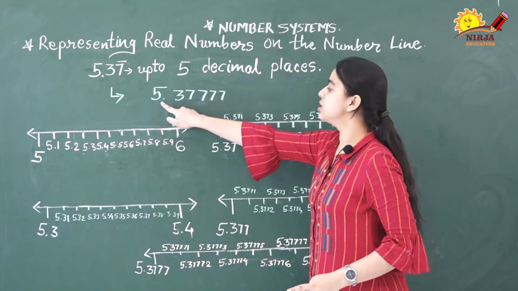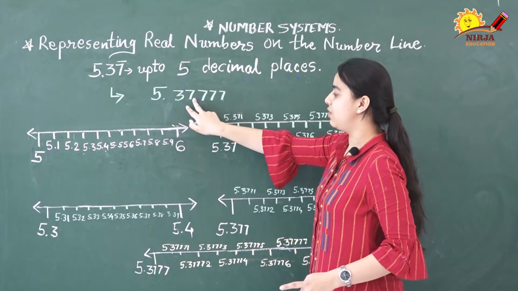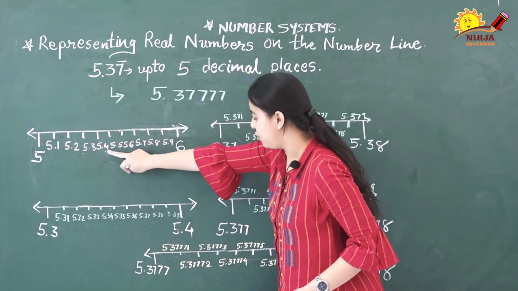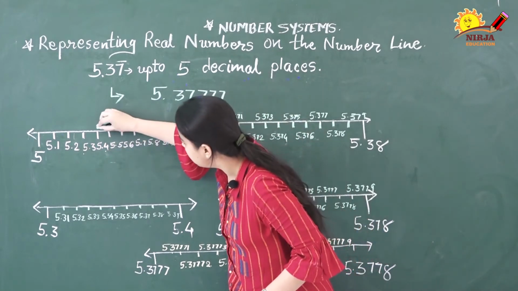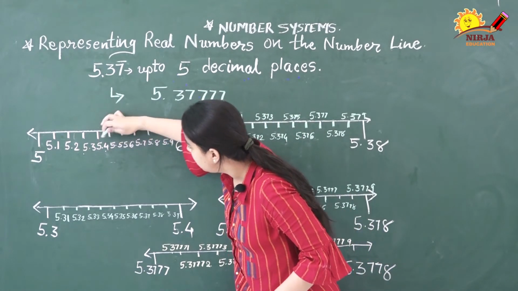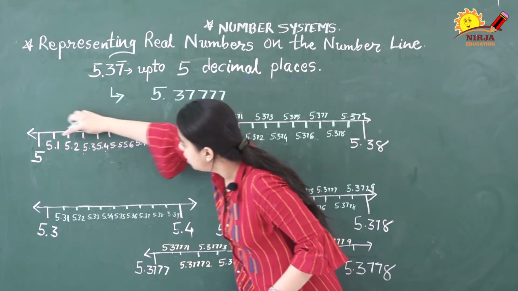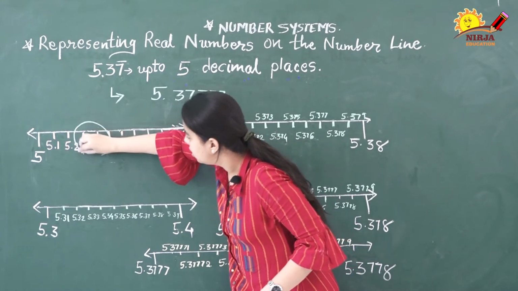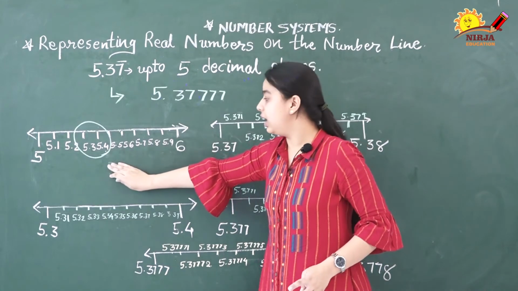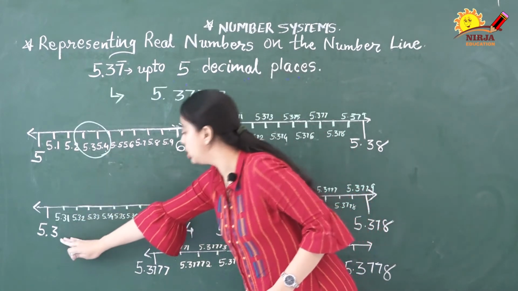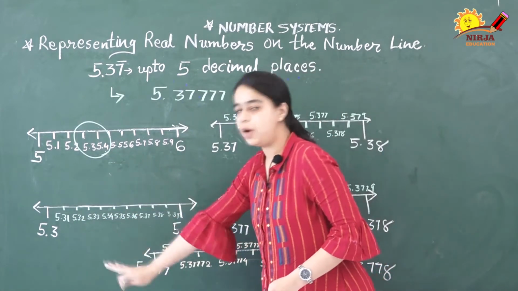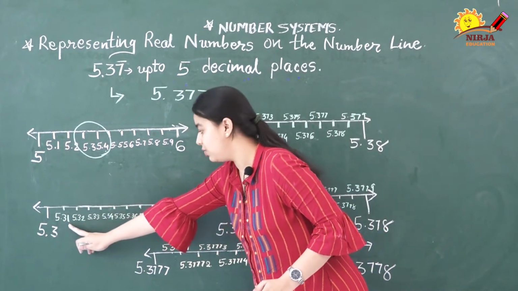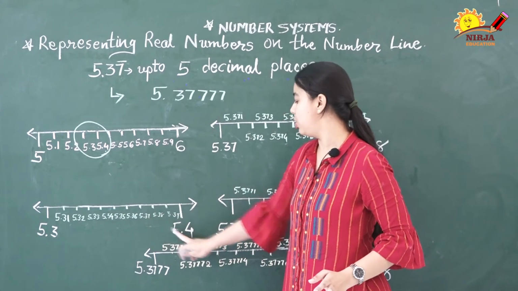Again if you see, this number 5.37 lies between 5.3 and 5.4. Again I have taken this portion on a separate number line. Again I have divided it into 10 equal parts: 5.3, 5.31, 5.32 and so on up to 5.4.